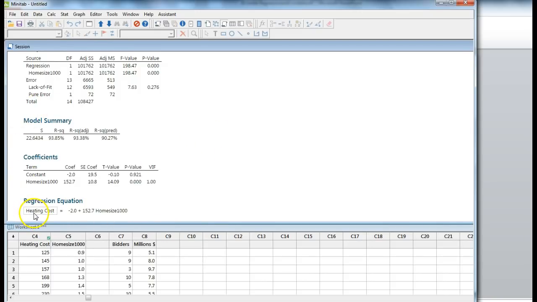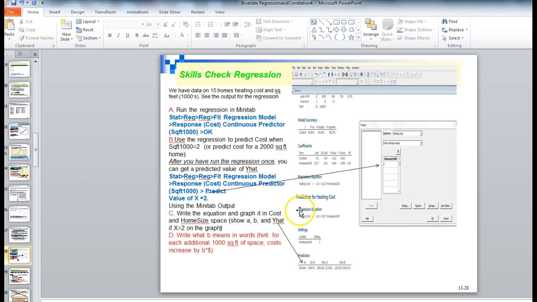It shows my y, my intercept, the slope, and my x. We'll do predict later.